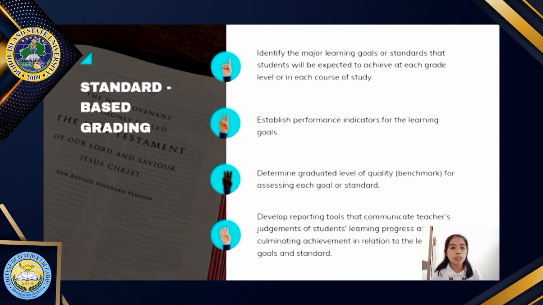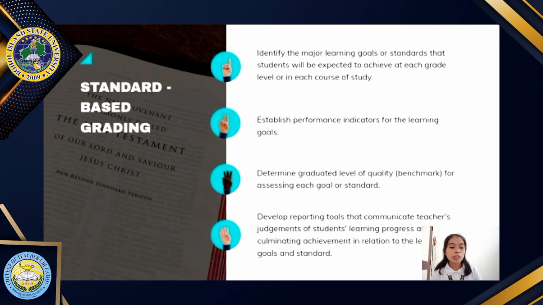And second, establish performance indicators for the learning goals. The third is to determine graduated levels of quality for assessing each goal or standard. And lastly, to develop reporting tools that communicate teachers' judgment of students' learning progress and culminating achievement in relation to the learning goals and standards.